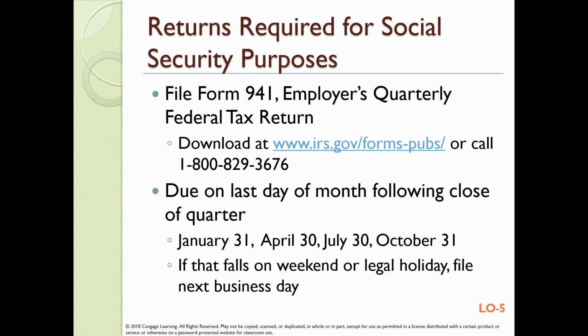When does the third quarter close? September 30th. So when is that 941 due? October 31st. Then our next quarter closes on December 31st, and that one's due on January 31st. So it's the very last day of the month following when the quarter closes.